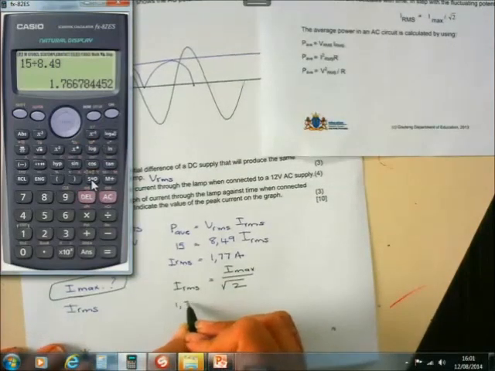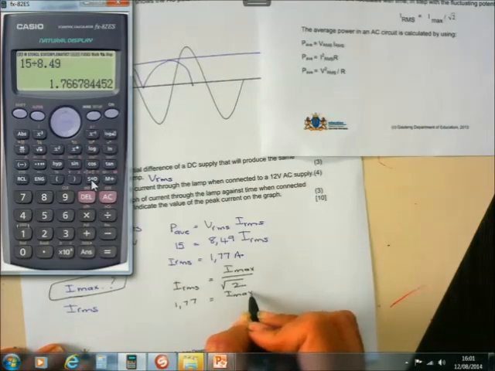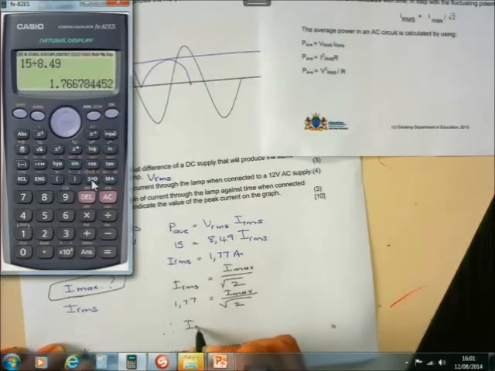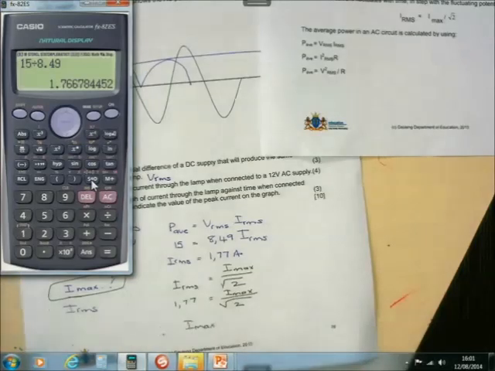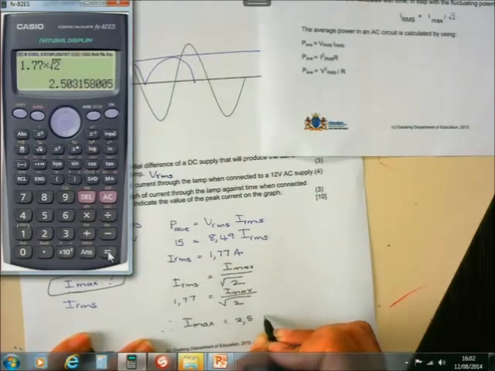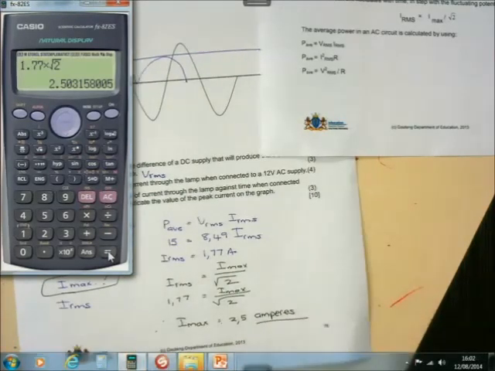IRMS is 1,77 amperes, which is equal to Imax over the square root of 2. Therefore, Imax will be equal to 1.77 times square root 2, which is equal to 2,5 amperes. There's my answer. You got that?